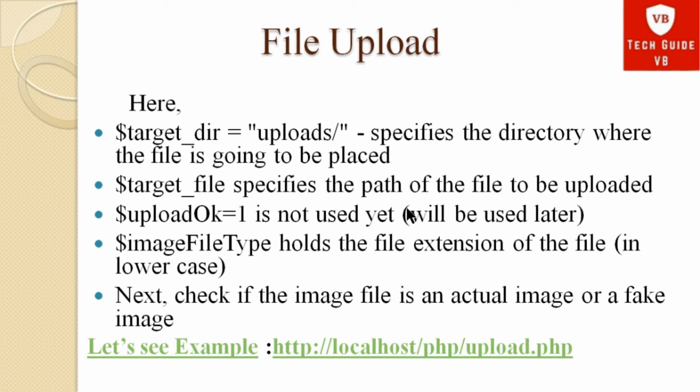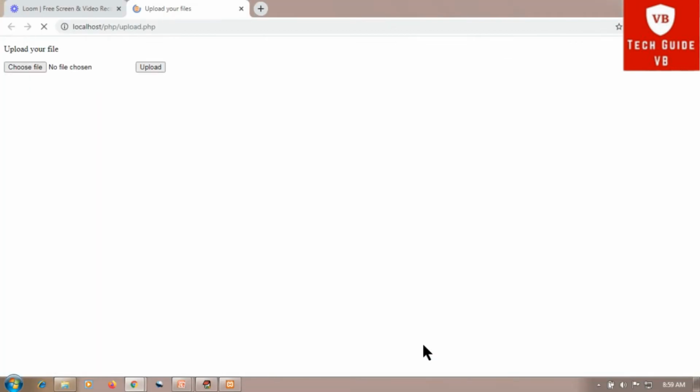So now create the upload file PHP script. We will see first what the output is, so that you will understand what we are going to do practically, or what exactly the output we require is.